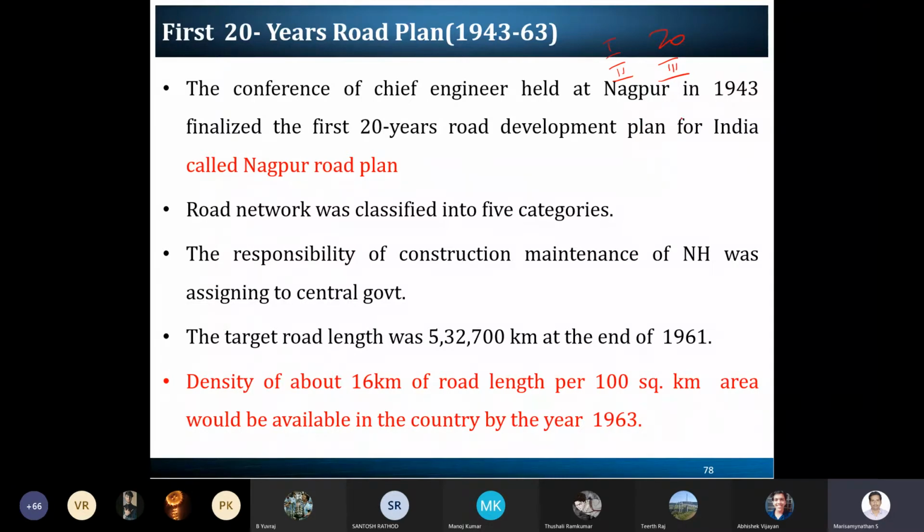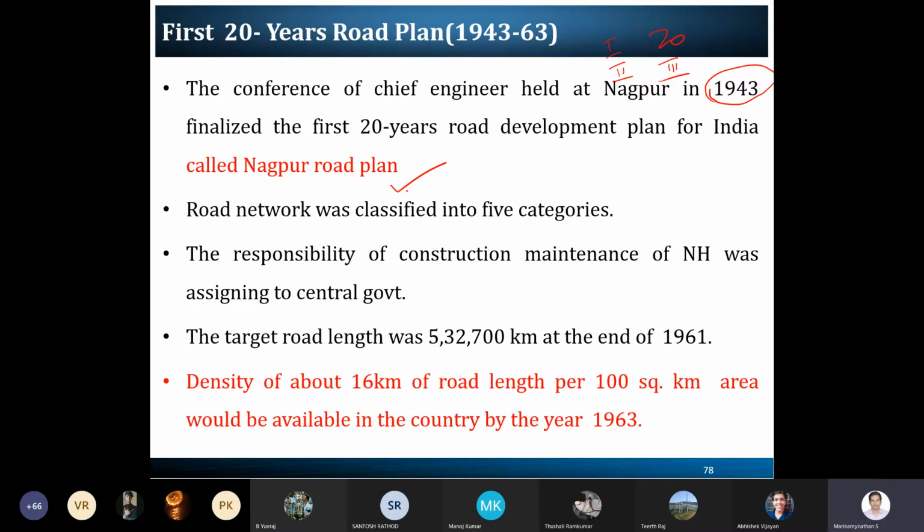With that aim, the first 20-year plan was introduced in 1943, which is referred to as the Nagpur Road Plan. Most of the chief engineers were involved in implementing this particular 20-year road plan. It might be national-wise or central-wise, the people were involved in that project.